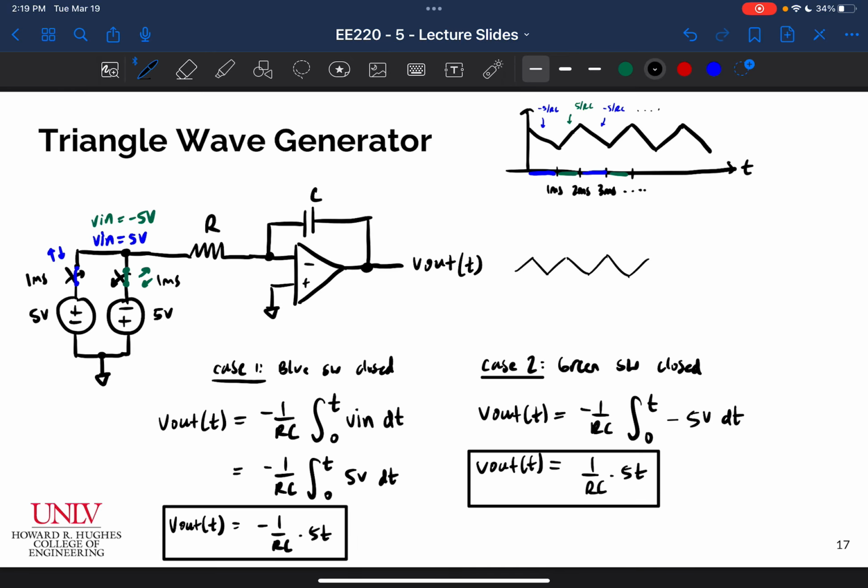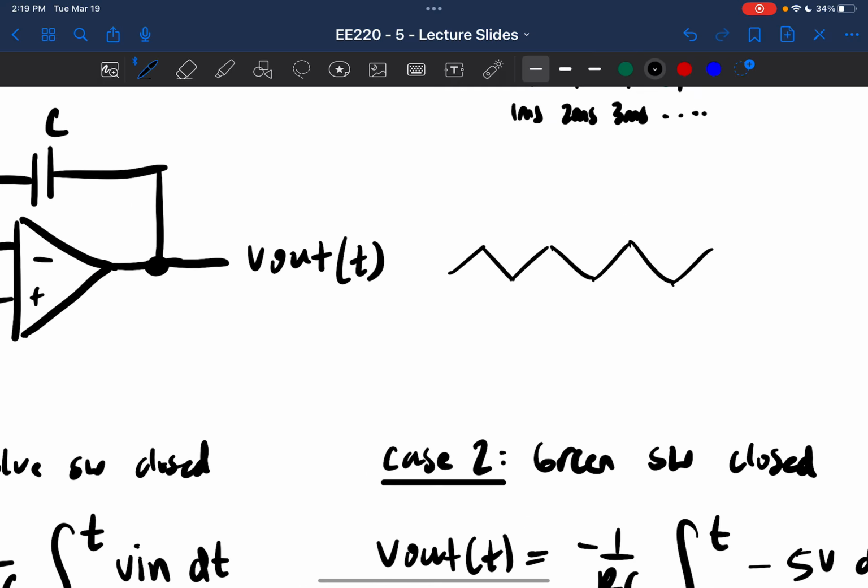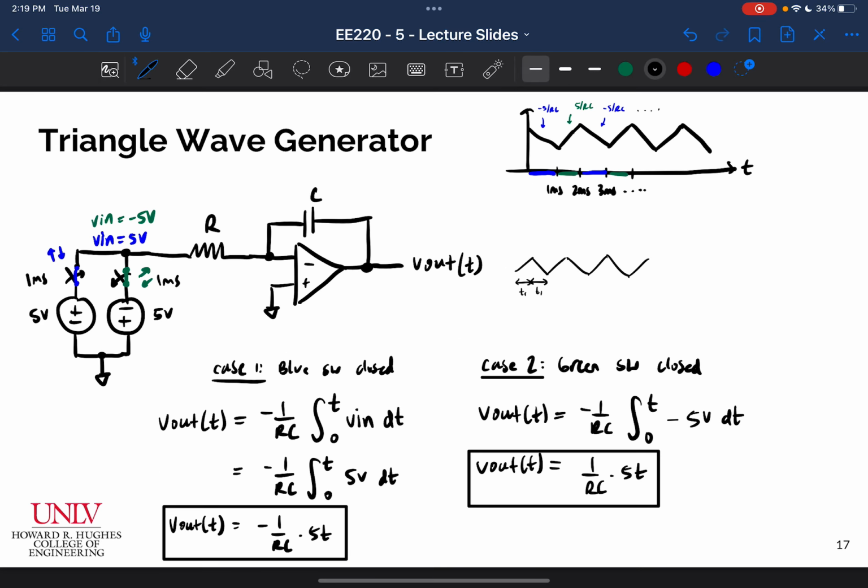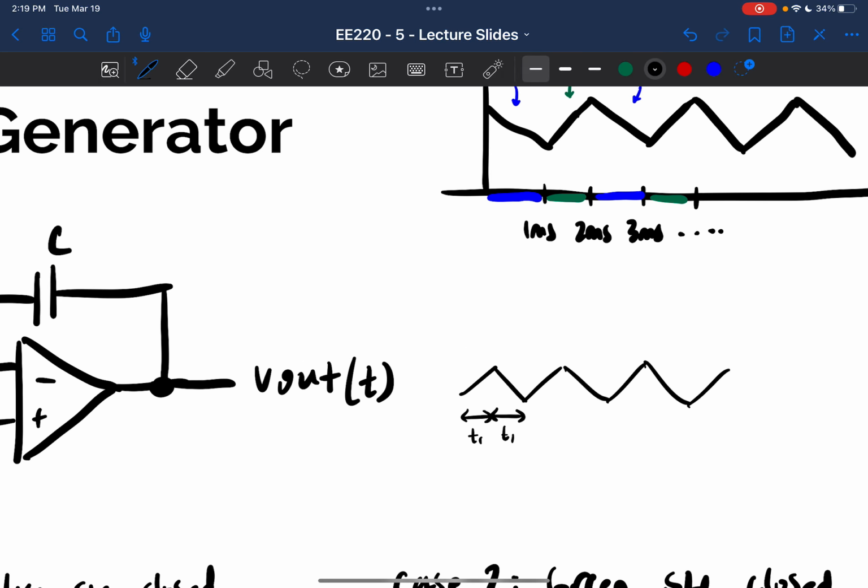Right? Okay. And we would have to make sure, of course, that the amount of time that the blue switch and the green switch are on are equal. Let's call it T1. I said a couple times, let's just assume that it's 1 millisecond on, 1 millisecond here, 1 millisecond here, because if we didn't, then what would happen?